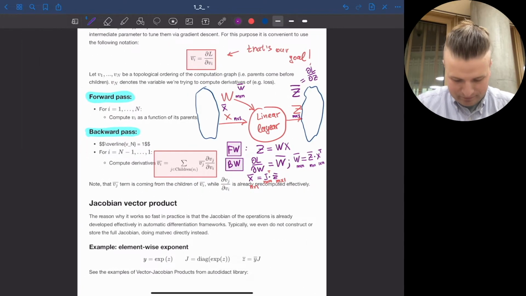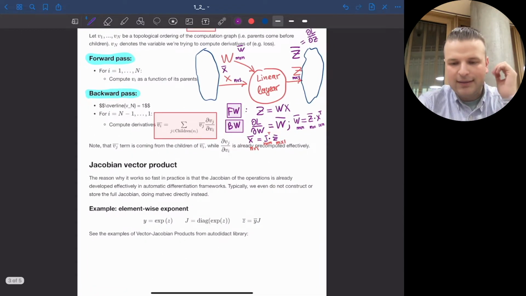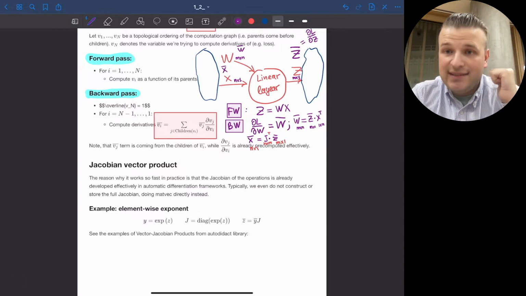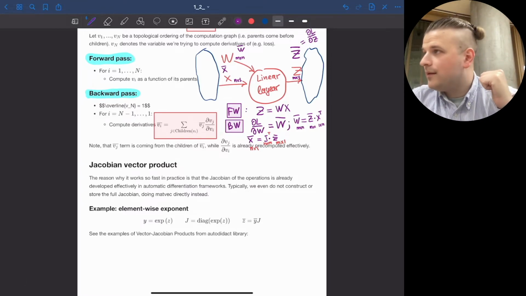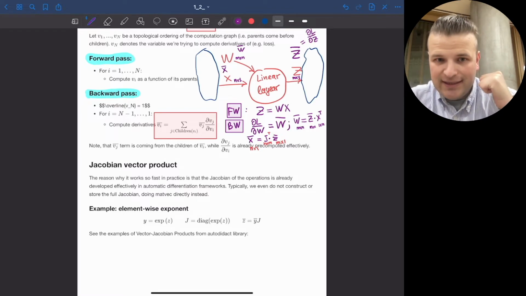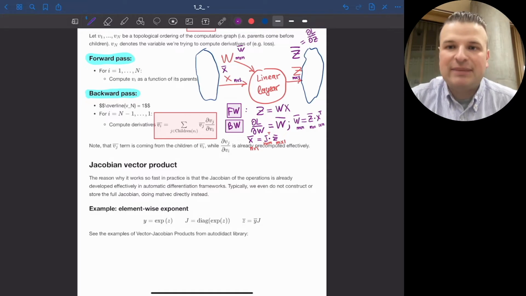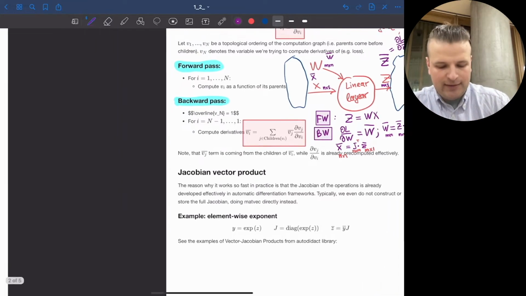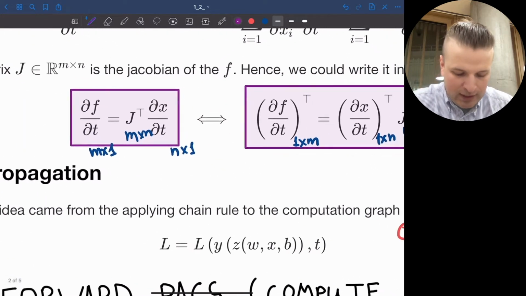That's it. Okay. But last, but not least, the idea why it works so fast is the very efficient implementation of the Jacobian vector product. Let's take a closer look here.